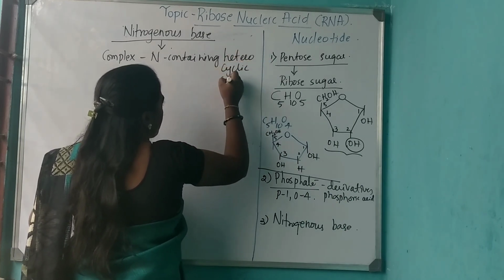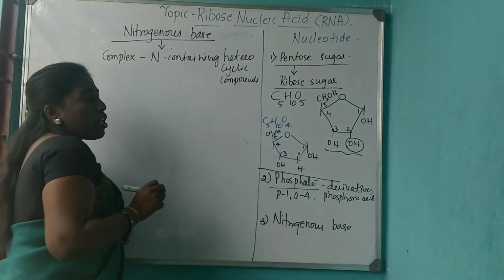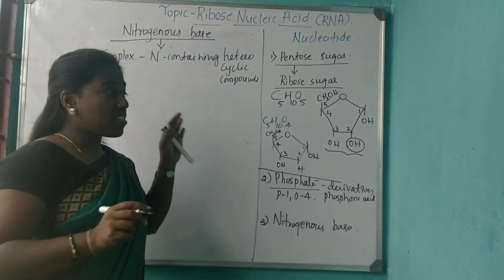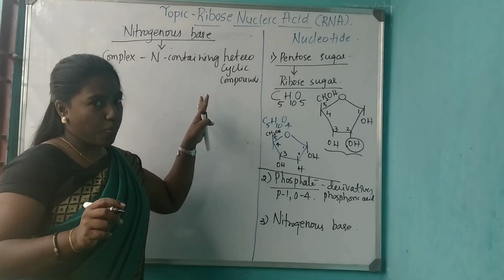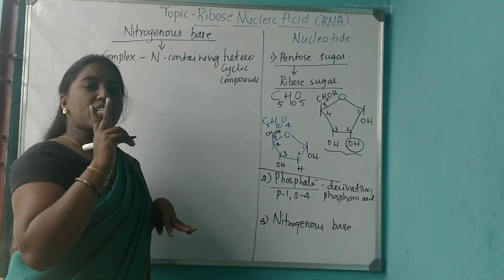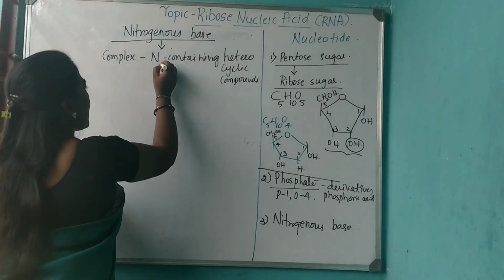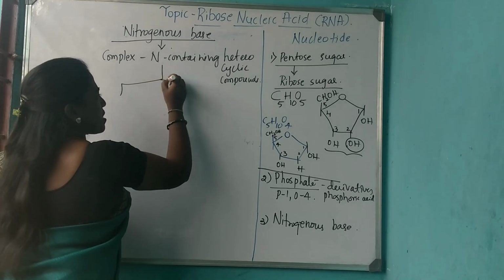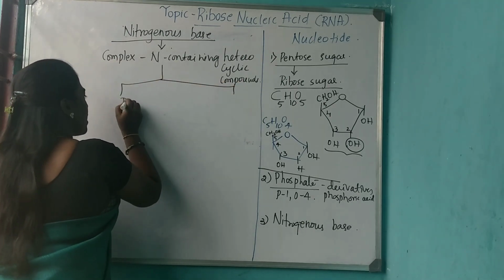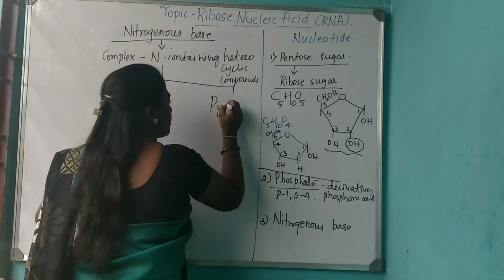Here, the nitrogenous bases in the case of RNA are important, remember that. In RNA, there are majorly two types of nitrogenous bases: purines and pyrimidines.